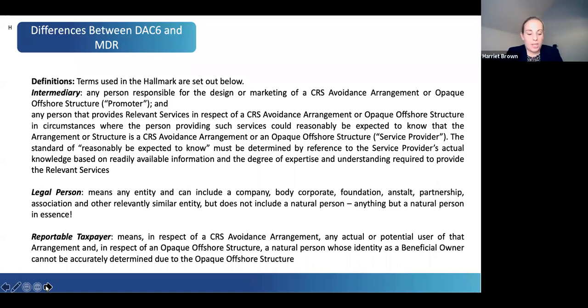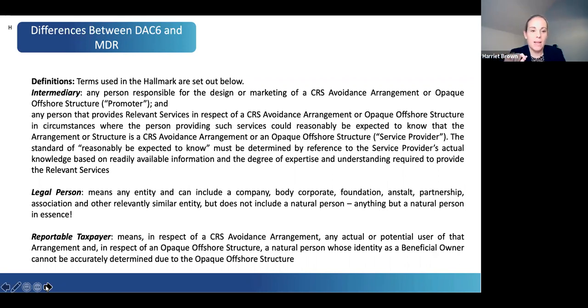Now, on the slide called differences between DAC6 and MDR, what I want to talk about first is the similarities. And interestingly, in HMRC's what is now defunct guidance on DAC6, what they actually said, in relation to hallmark D, because this was supposed to mirror and work with the OECD's MDR, was that you could look at the MDR commentary and the way that things were defined in the MDR and adopt those within DAC6.